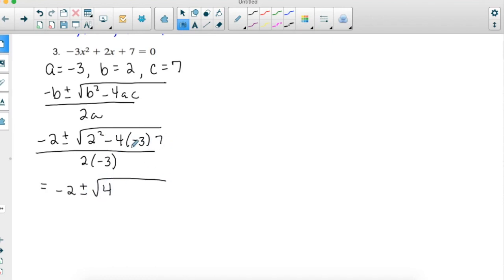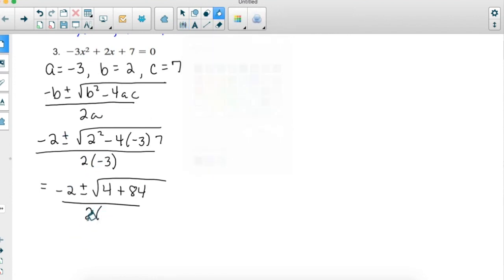I'm going to simplify this part here. Negative 4 times negative 3 times 7 is positive 84. And all of this is over 2 times negative 3, which is negative 6.